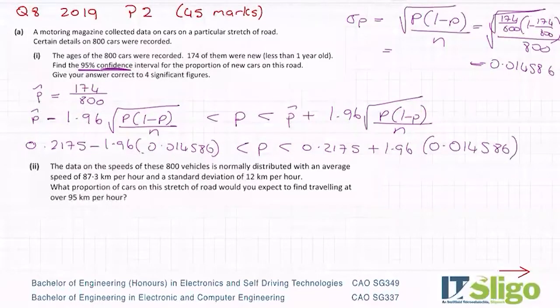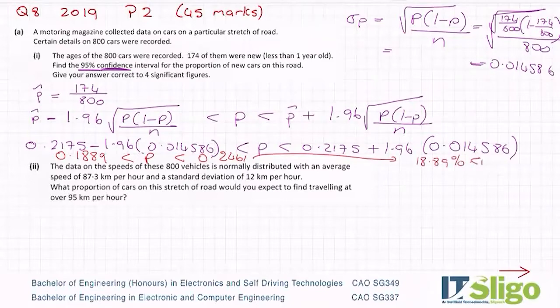And when you do that, you should get, I just put it in red here underneath so you can see it, 0.1889 is less than p is less than 0.2461.